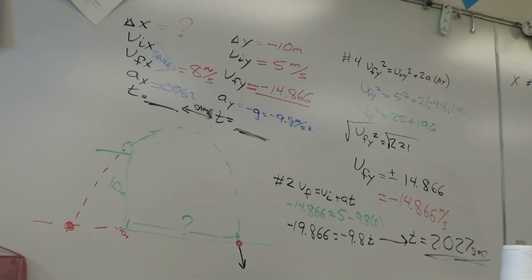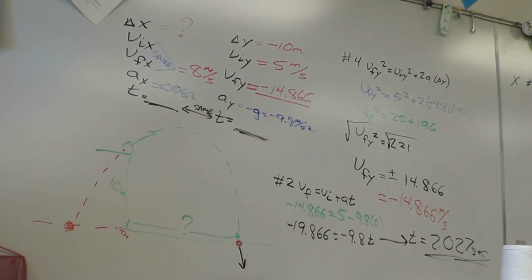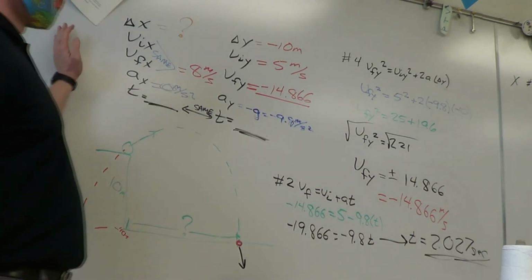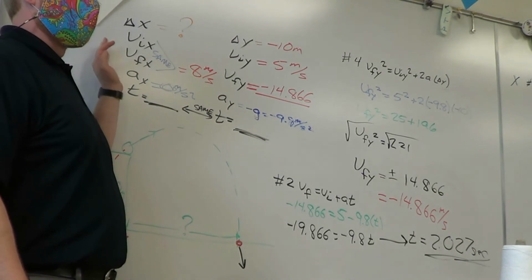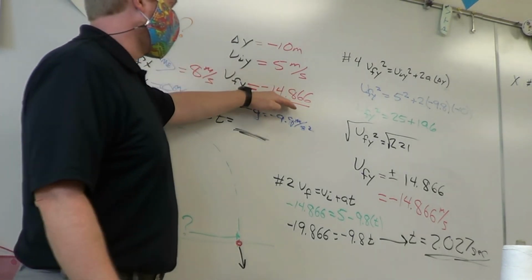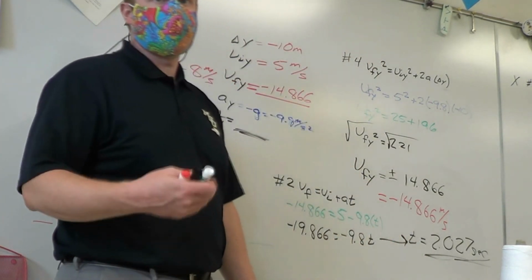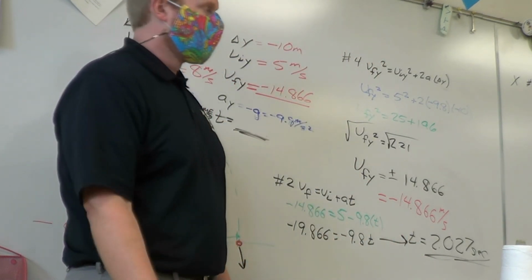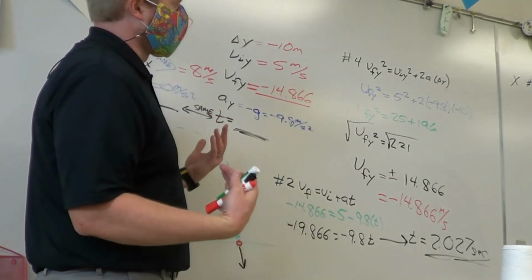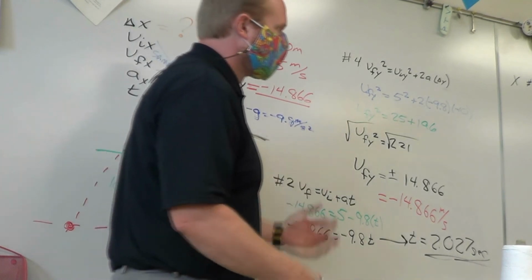So there's 3 ways. The nice thing about doing it this way is it's our same list of 2D motion variables. It's an extra step to find final velocity to then find time, but you save yourself doing the quadratic. The first option is you do the quadratic, but then you don't have to do a double calculation.